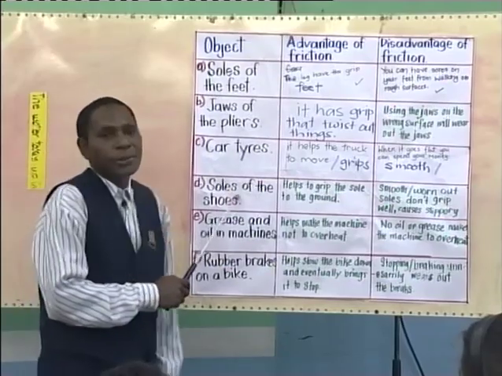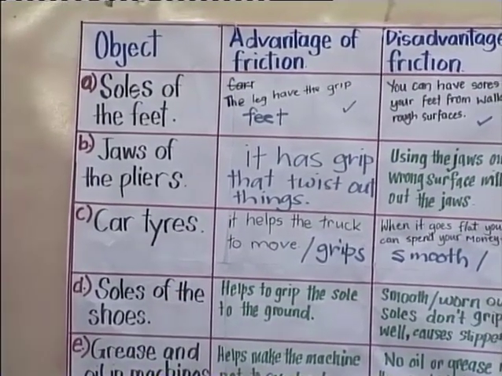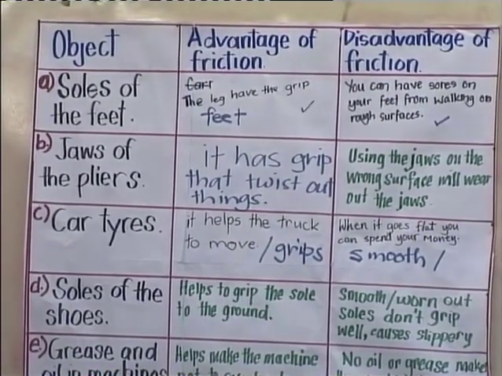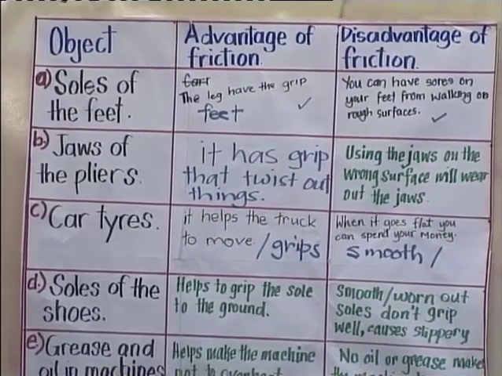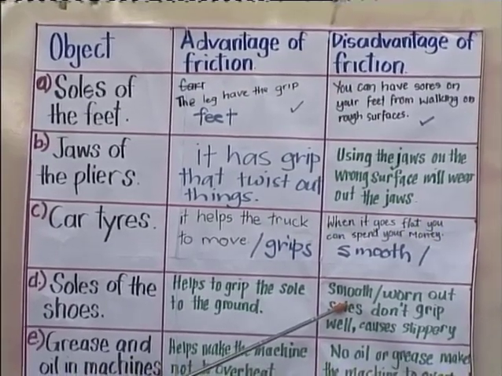Here, soles of the shoes. The soles of the shoes help to grip the underneath part of the shoe to the ground. That's one advantage of friction.